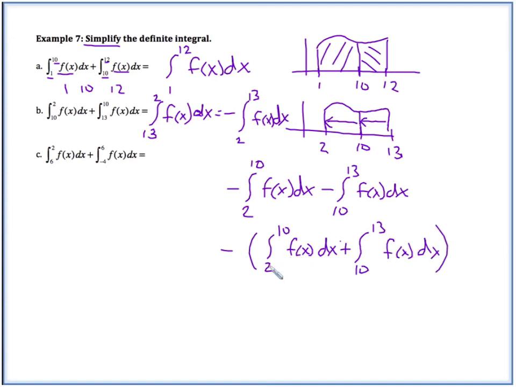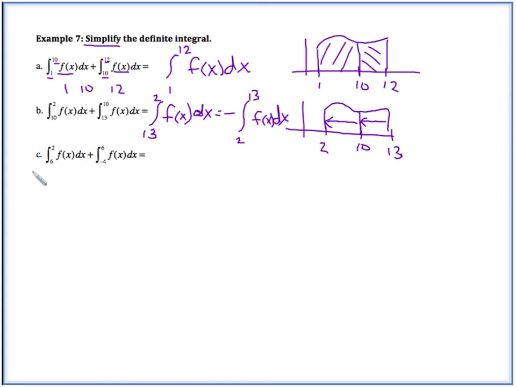All right, and then you could have seen that it went from 2 to 10 and 10 to 13, so your final answer would have been 2 to 13 of f of x dx. Okay, so whether you took the negative out first and switched the limits, or you just thought about it a little bit differently and then switched the limits, either way, came up with the same answer.